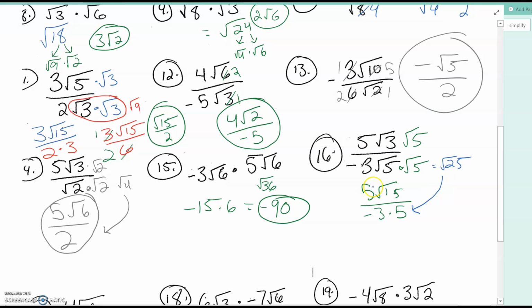Okay, you could actually cancel here too, 5 and the 5, if you want to do that. Most of you guys will go 5 square root of 15 over negative 15, and then you can simplify 5 and 15 would be 1 and 3. So it would be negative square root of 15 over negative 3.